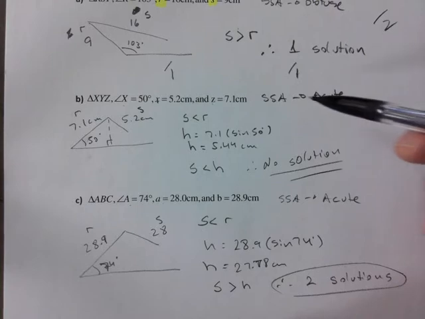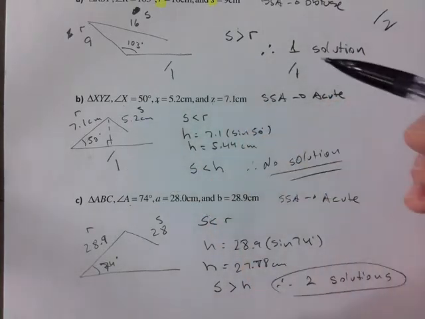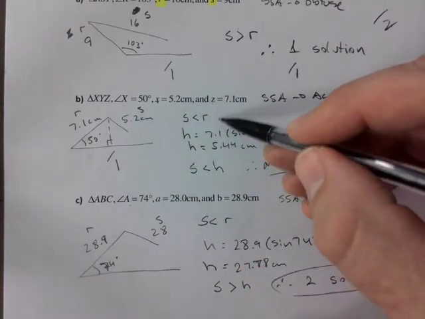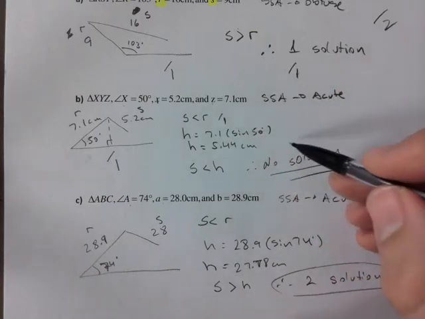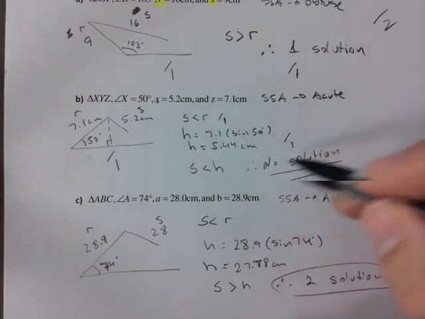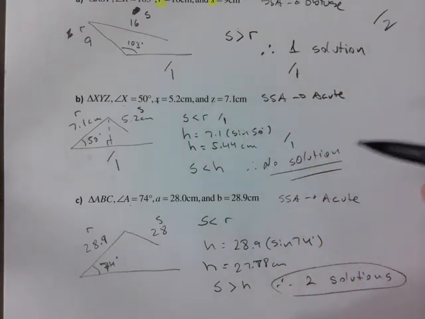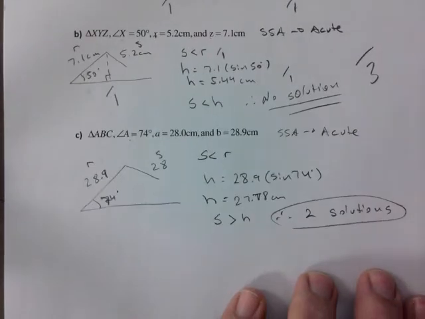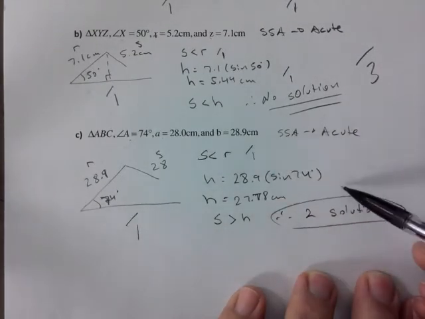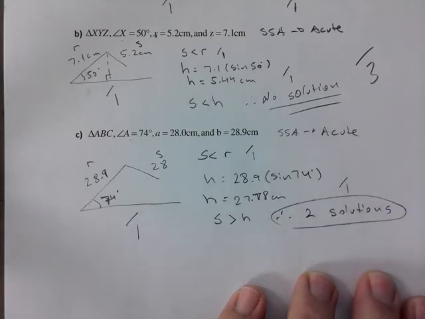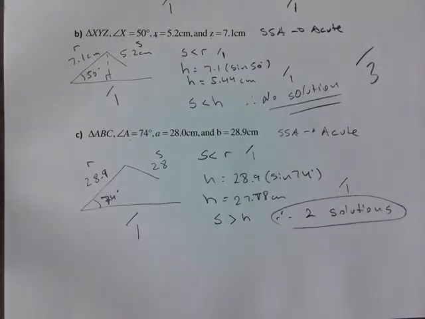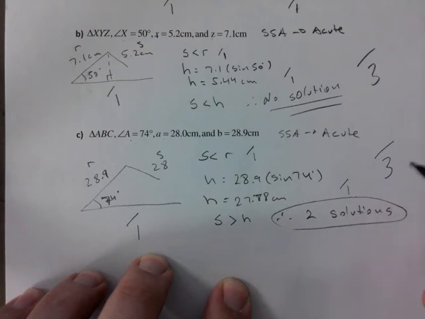For B, I would give you 1 mark for the diagram, 1 mark for the first step, and then 1 mark for the second step, which is finding the height and narrowing it down even further. So out of 3 for question B, and the same thing for the last one: 1 mark for the diagram, 1 mark for this, and then 1 mark for narrowing it down to 2 solutions. So also out of 3, so we are out of 8 on that page there.